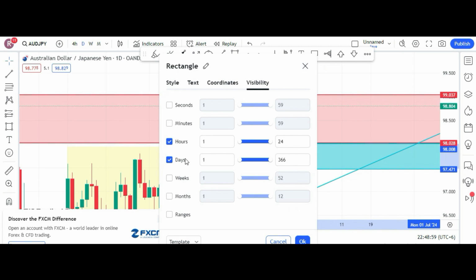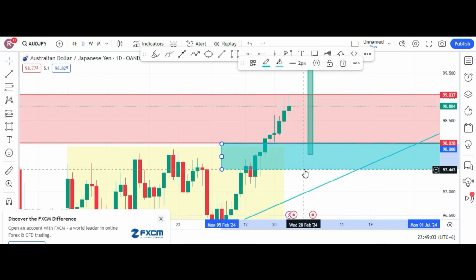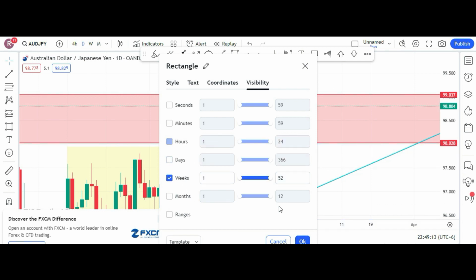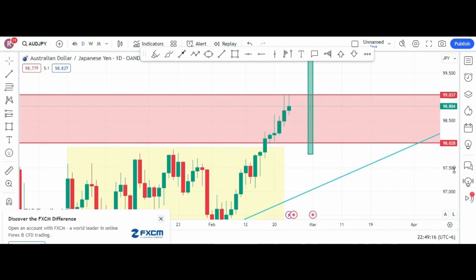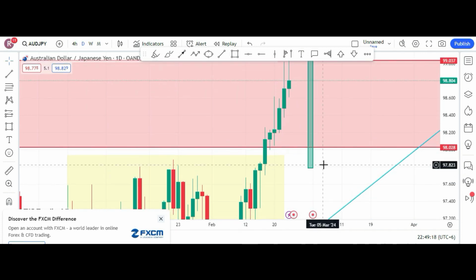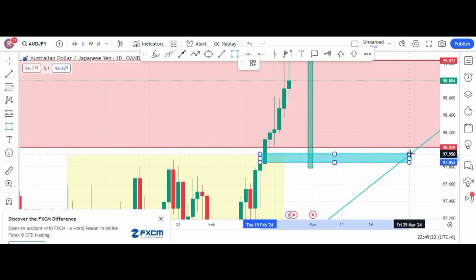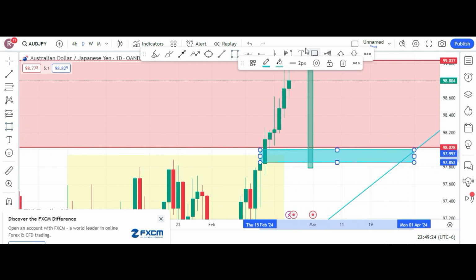What happened? Yes, I said it not to be shown. Okay, why is it shown? Okay, I did it wrong. Okay, now let's see things very clearly. This is the daily imbalance left here. You guys can see this is one daily imbalance.